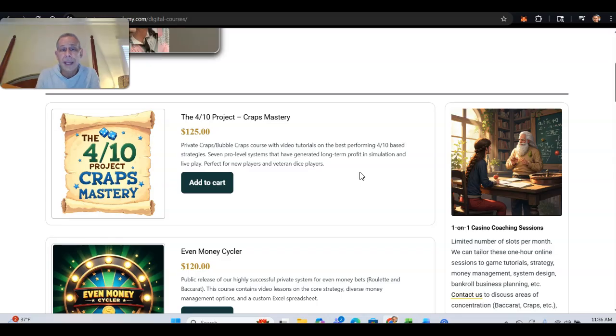So they're playing for a limited amount of money, tight win targets, and then switching on a rotation basis to the other strategies just within this course alone.